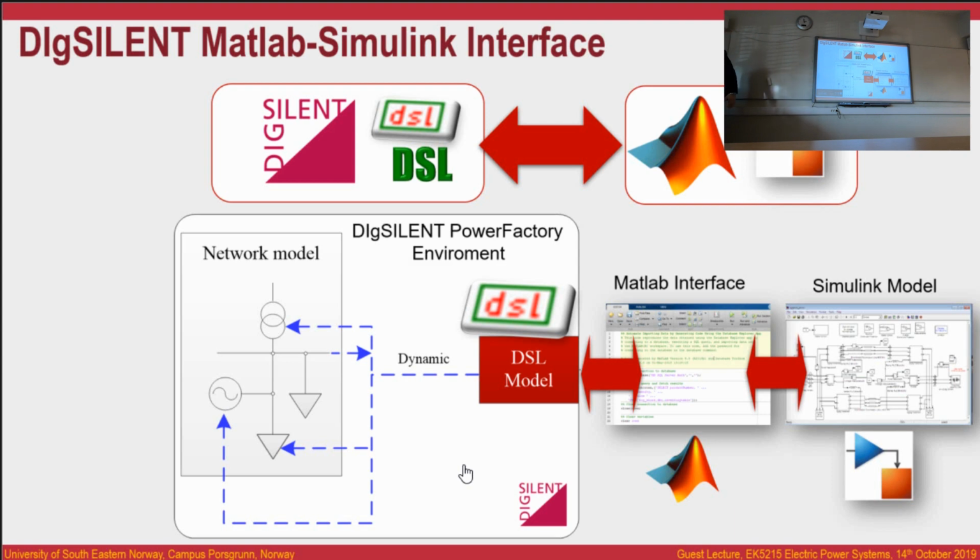What is the main disadvantage that you can see? Very basic. Speed. You need to go here, then here, then here, then back. I don't like my students using MATLAB Simulink in this way.